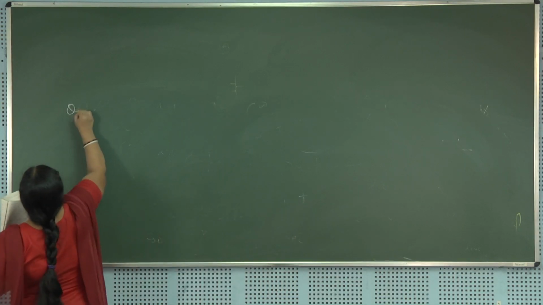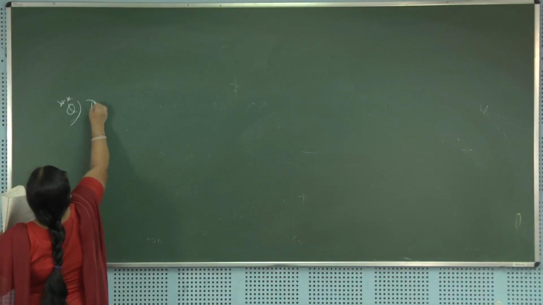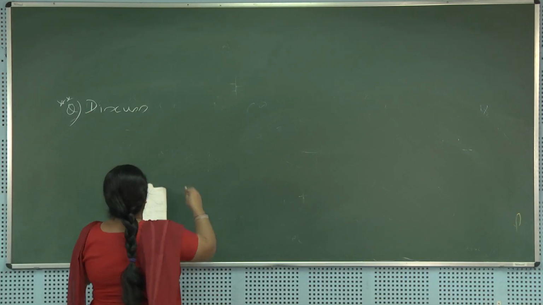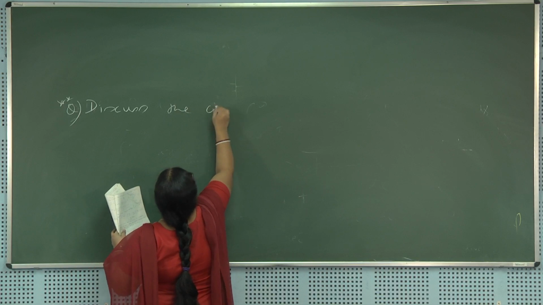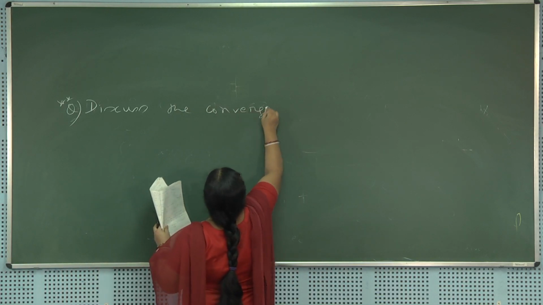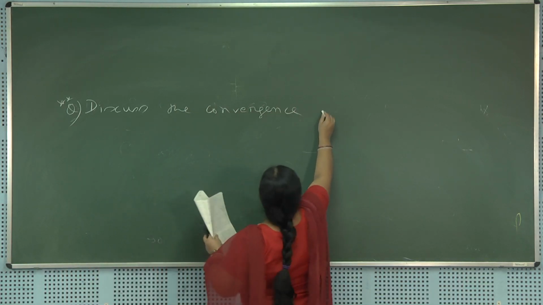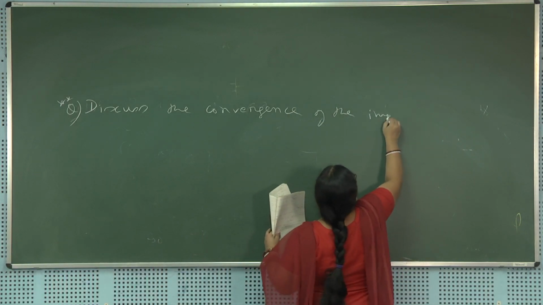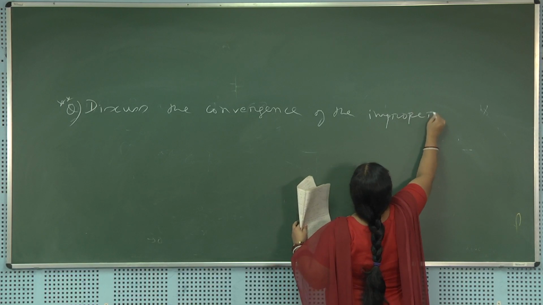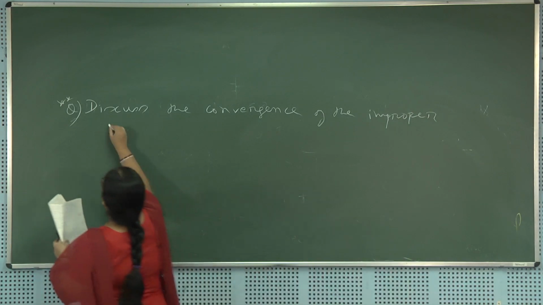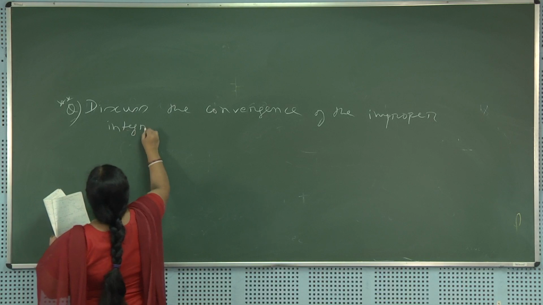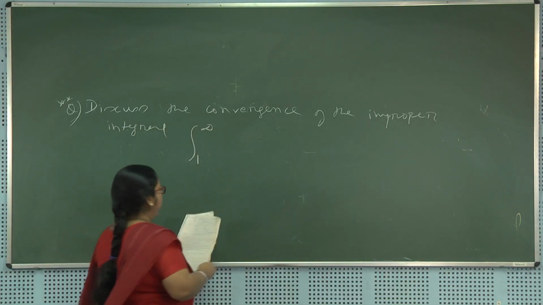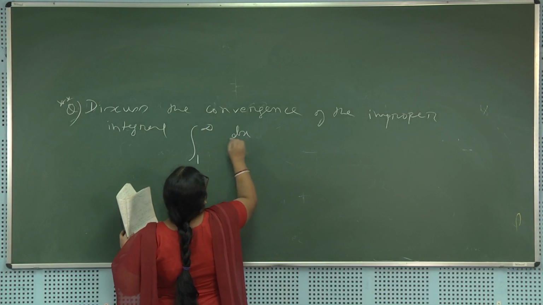So, this is to discuss the convergence of the improper integral, the integral from 1 to infinity of dx upon x to the power p.